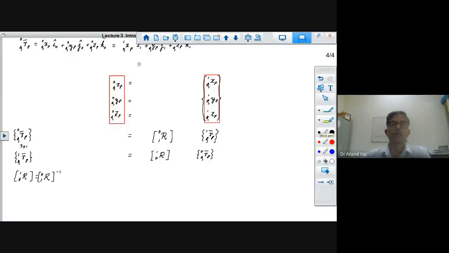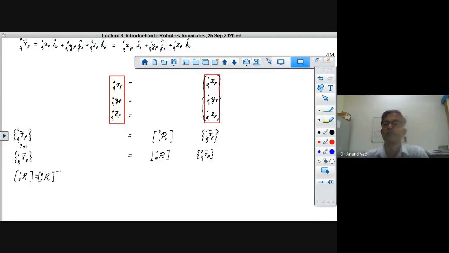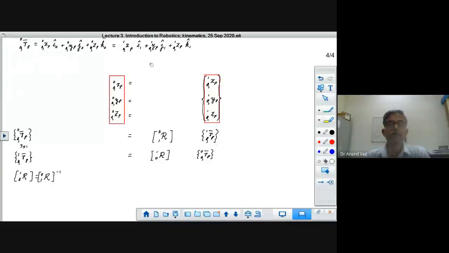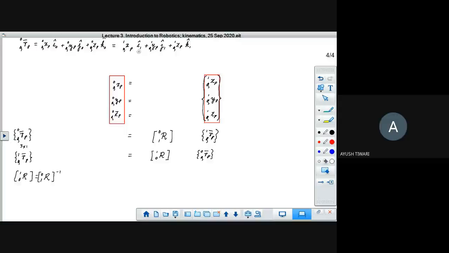Now, suppose we are interested in obtaining this component. What should we do? All that we have to do is take the dot product on both sides. We just want to retain this component. So what should we take the dot product with? I1 vector.